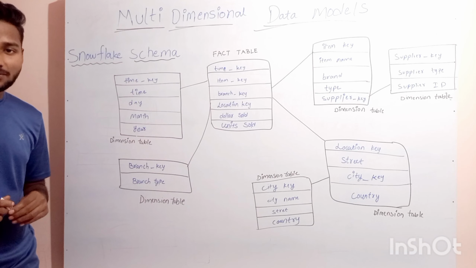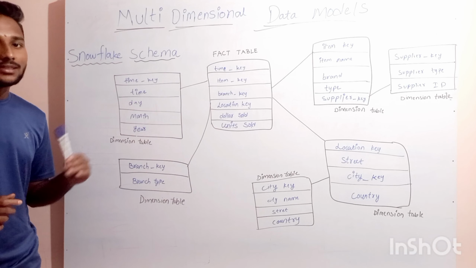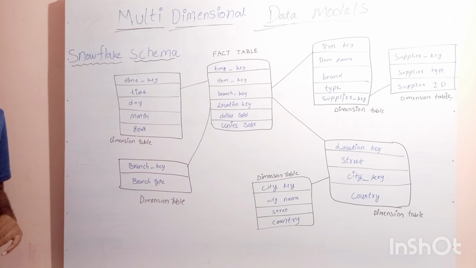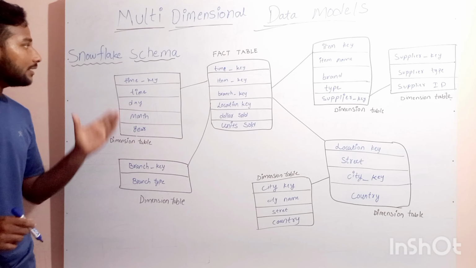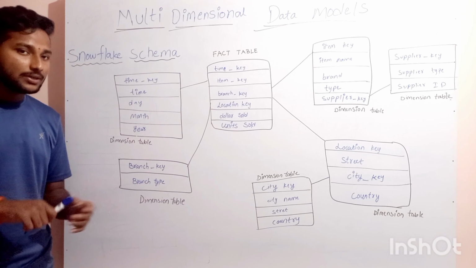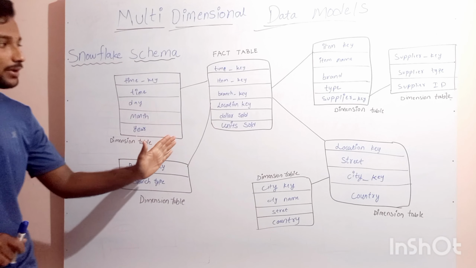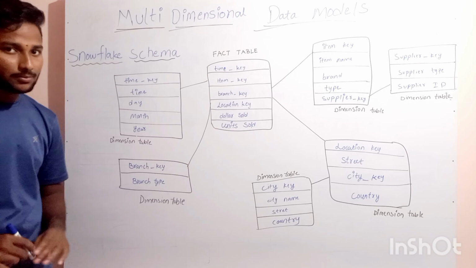Thank you. In this video we discuss the snowflake schema. It is one of the multi-dimensional data models in a data warehouse. Let us see how the representation in snowflake schema can be done. In the previous video, the star schema had only one fact table along with the dimension tables.